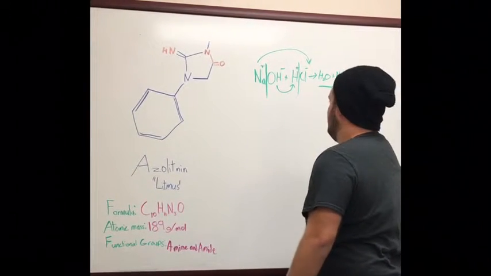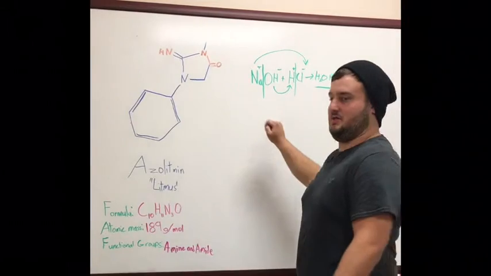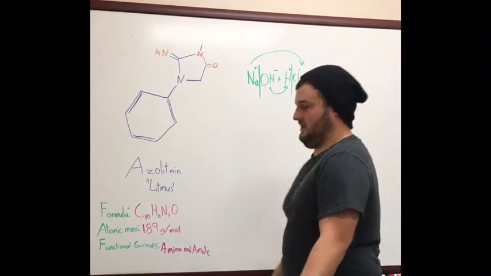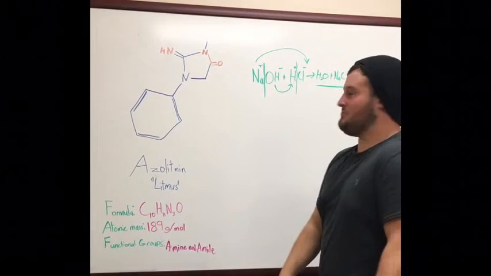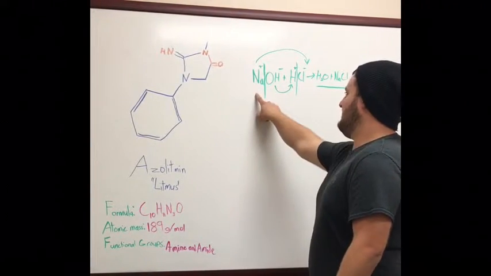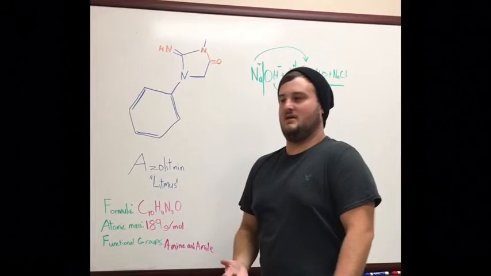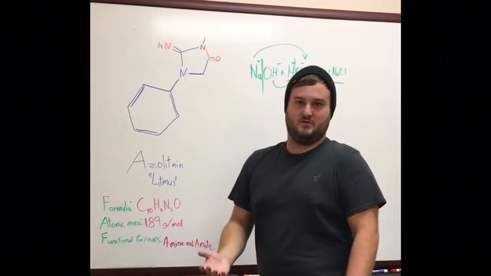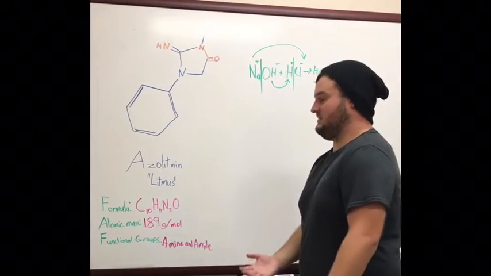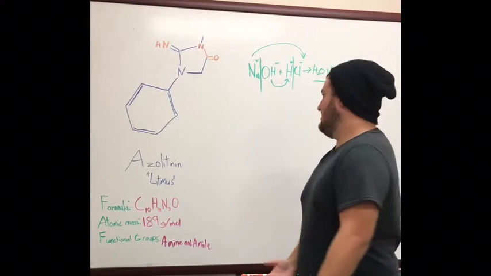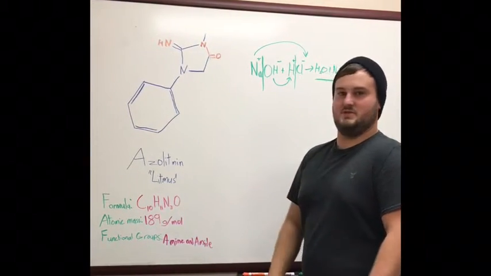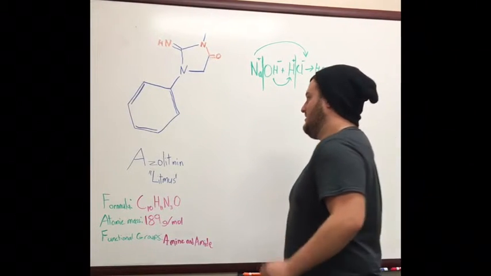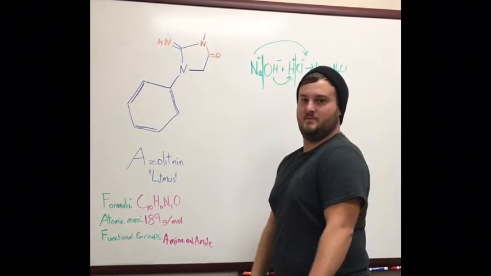If we weren't sure whether we had sodium hydroxide or hydrochloric acid, we could test this using our litmus paper. So say we had a sodium hydroxide solution and we had some blue litmus paper. Blue litmus paper is already a basic solution. So if we add sodium hydroxide to an already basic litmus paper, no reaction will occur and no color change will occur.